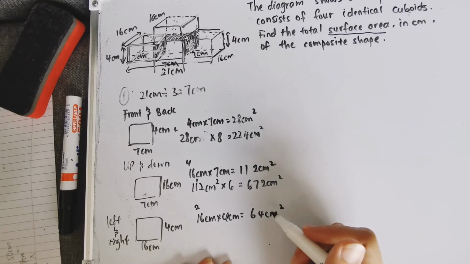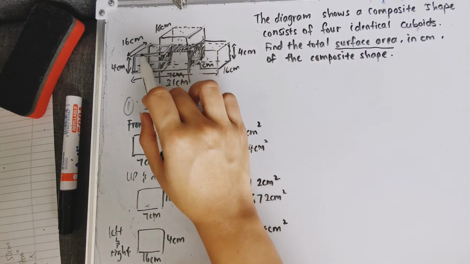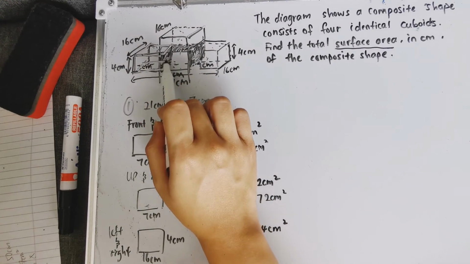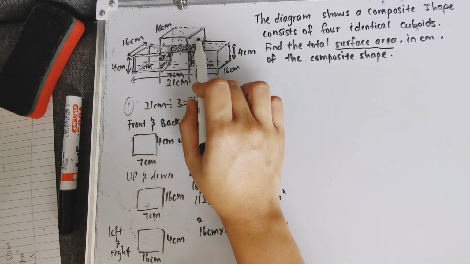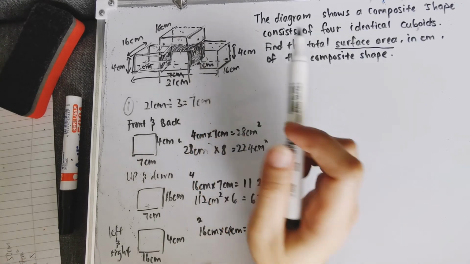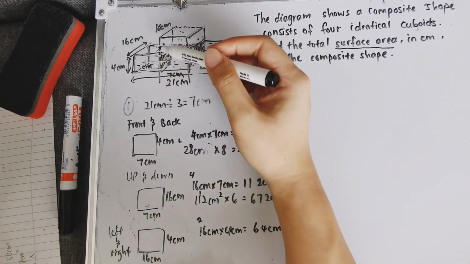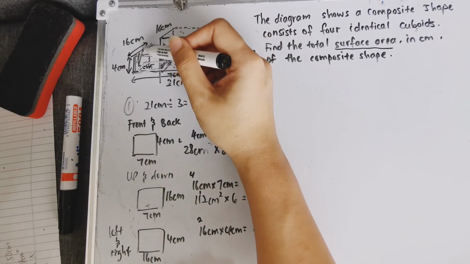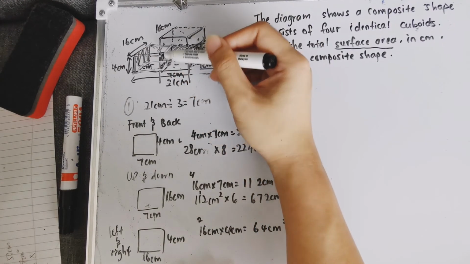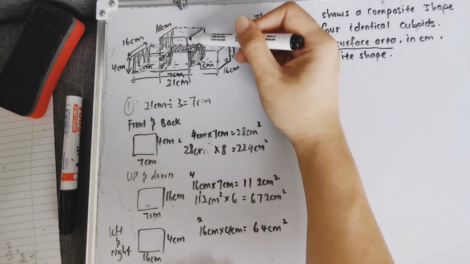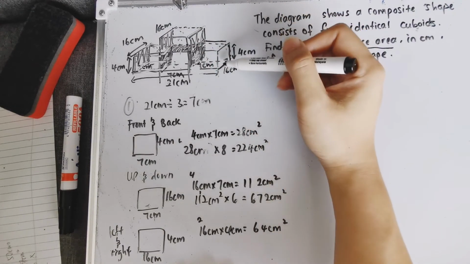Okay, then how many sides do we have? 1, ignore, 2, 3, 4. We only have 4. So again, calculate. Left, 1, ignore, 2, 3, 4.